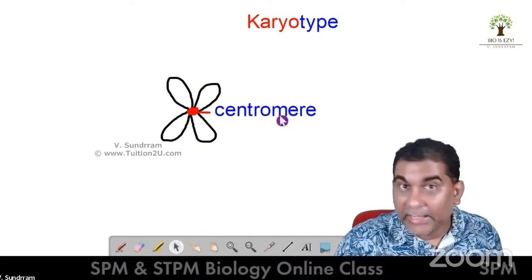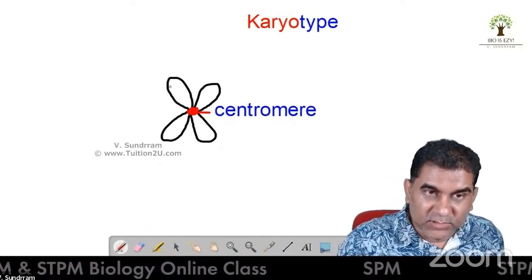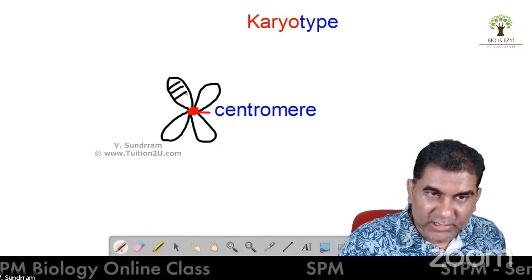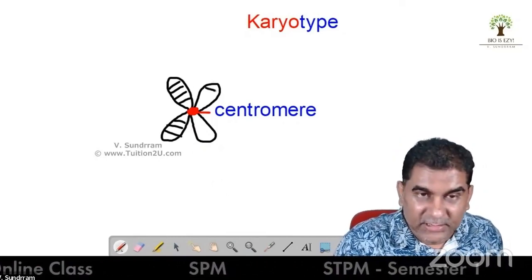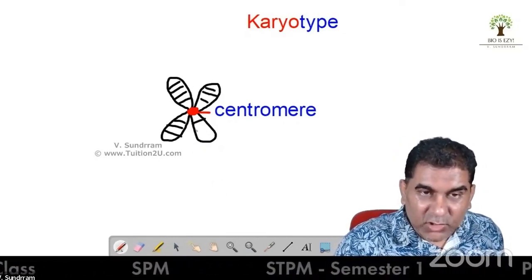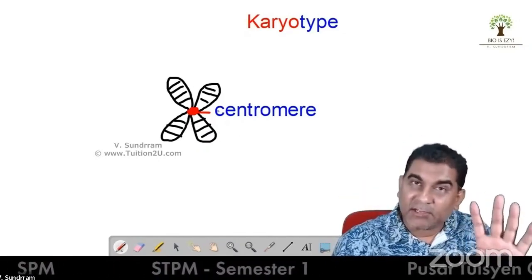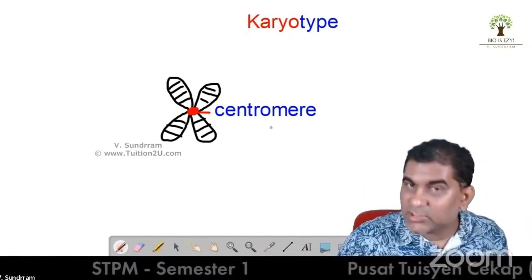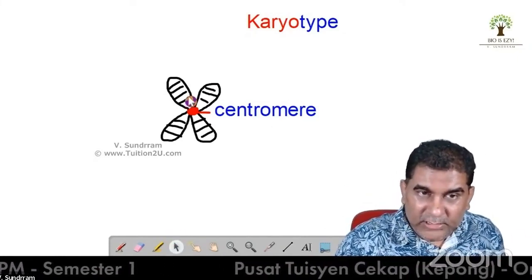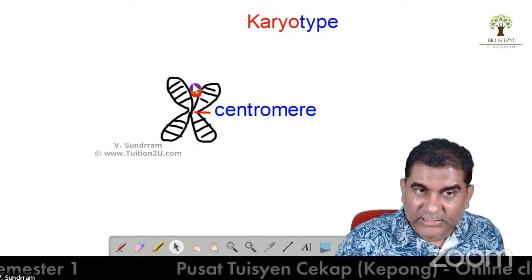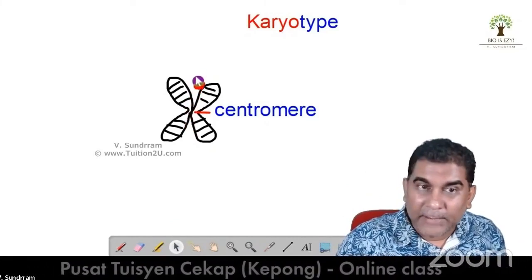So these are bands on the chromosome. You can see lines on the chromosome. We call them bands. So based on the length, panjang chromosome, based on the position of the centromere, because the centromere might be located at the top, at the bottom, in the middle, or at the tip.